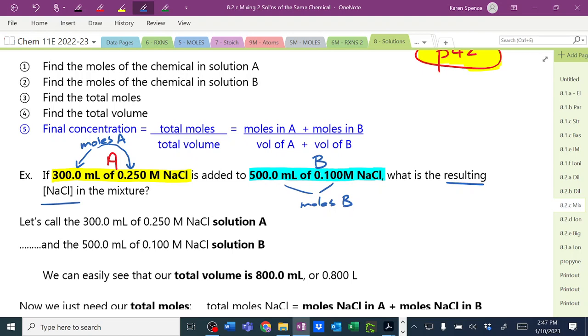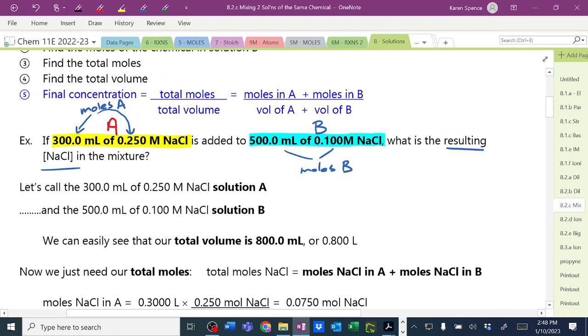Moles A plus moles B. And then you just divide by your total final volume. So you find moles in A, you find moles in B, you add the two together and you divide by the total volume. It's pretty straightforward. But let's just work through the little problem here.